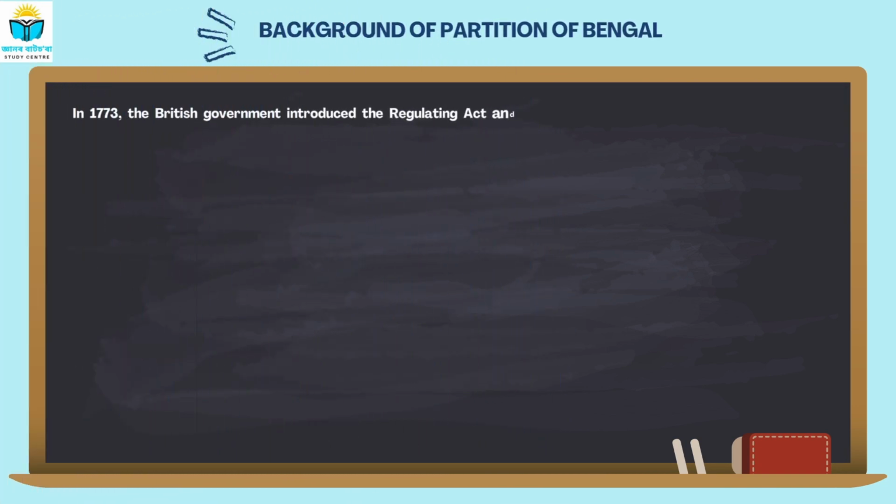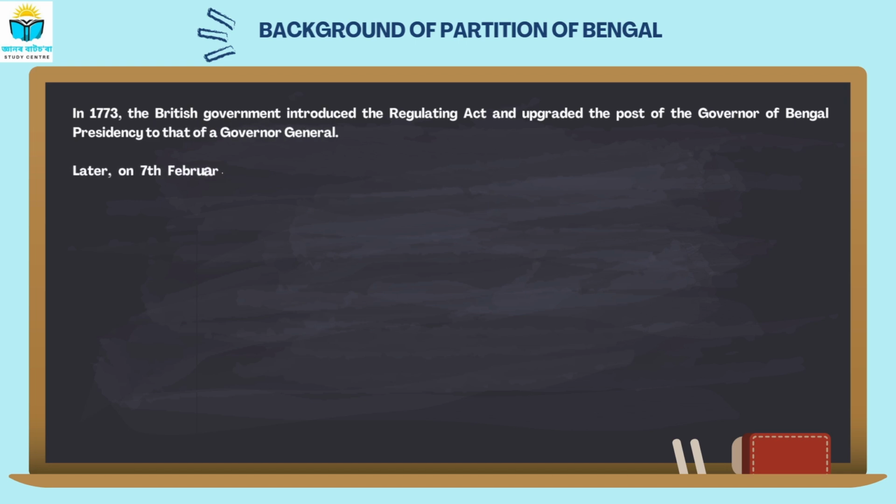To understand the Partition of Bengal, let's first look at its historical background. In 1773, the British government introduced the Regulating Act and upgraded the post of the Governor of Bengal Presidency to that of a Governor-General.